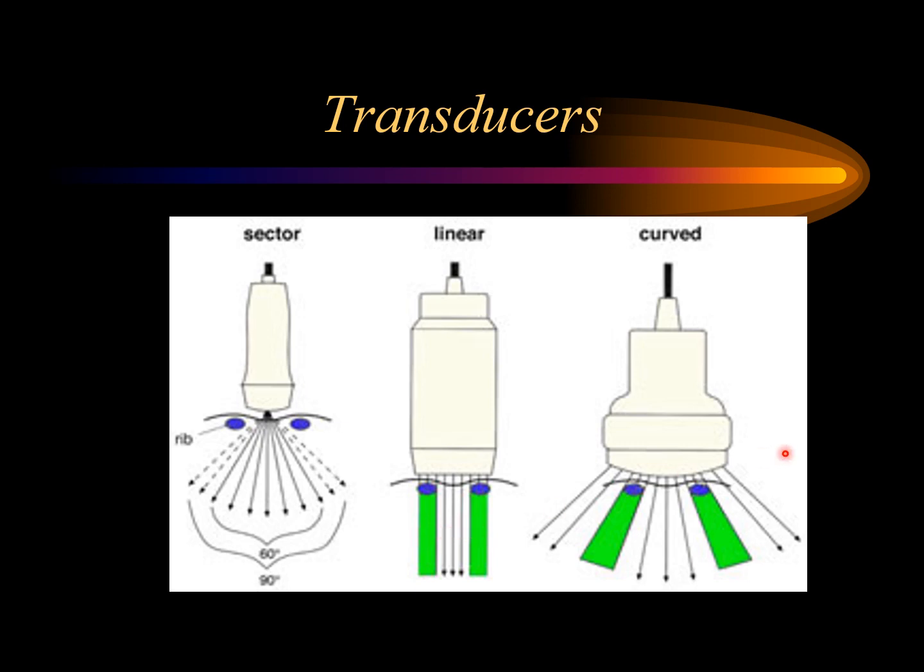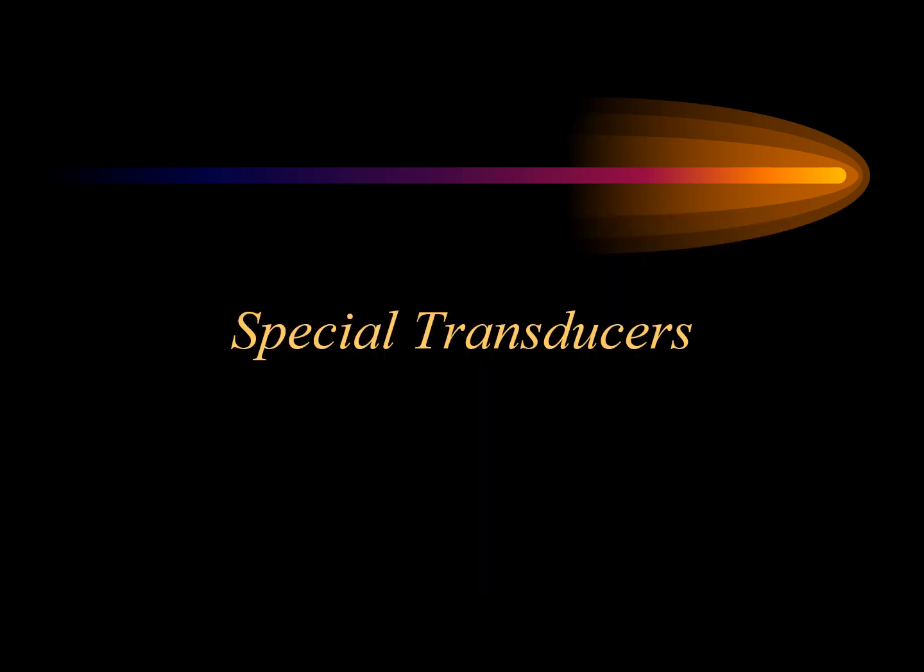With a curvilinear probe, we have a very large face where we're actually seeing, on the outside of the ribs and on the inside of the ribs, but we have this large rib shadows going down through the center of our image. So this just goes to show that a sector transducer is great for tight spaces such as getting in between the ribs. You'll always want to choose your probe based off of the structure that you're scanning.